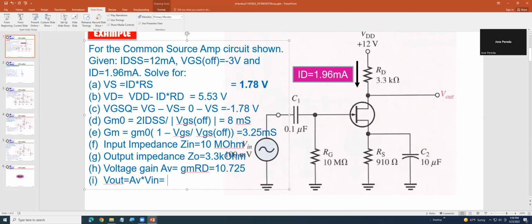I think it's 10 millivolt, right? I think the input will be 100 millivolt.